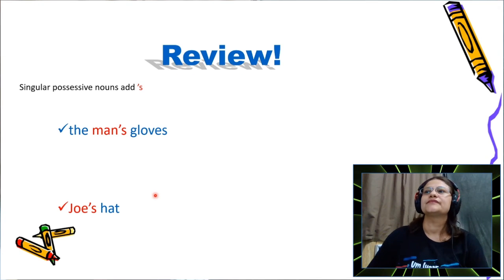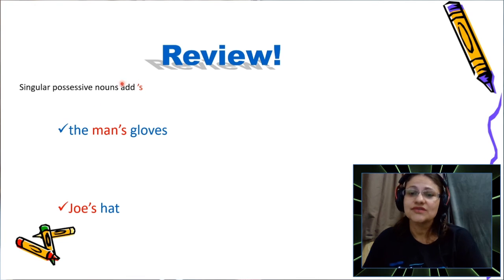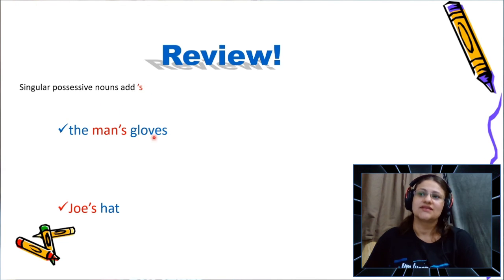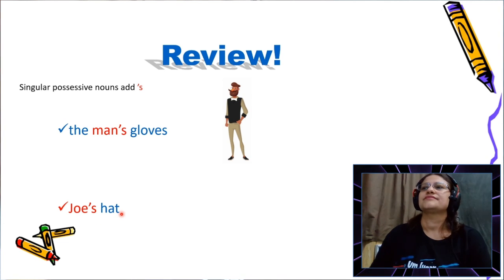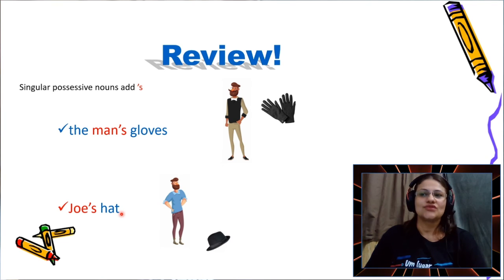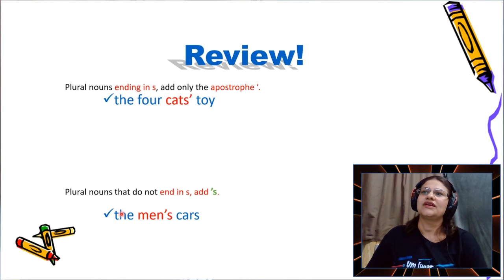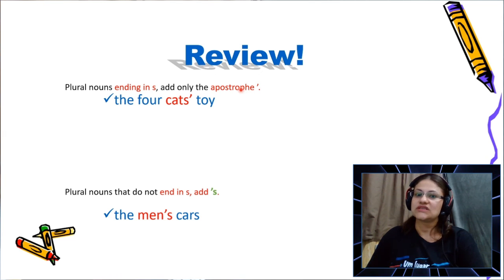Okay? Guys, just a review. For singular possessor nouns, we add apostrophe and an S. The man's glove, Joe's hat. And for plural nouns ending with an S, these cats, I add only the apostrophe, just that.